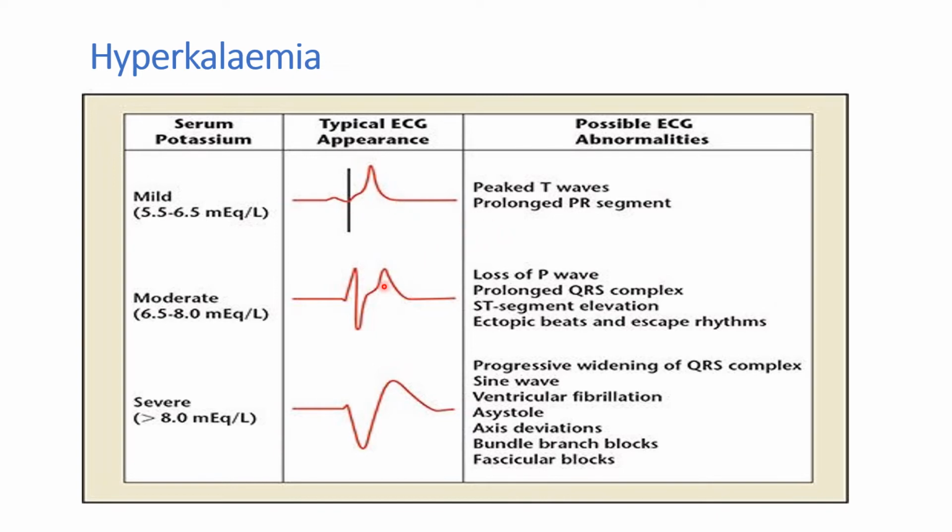When serum potassium level is between 6.5 to 8 milliequivalent per liter, P wave can be lost, QRS complex can be prolonged, ST segment can be elevated, and finally ectopic beats and even escape rhythm can be noticed. If it is more than 8 milliequivalent per liter, you can see progressive widening of the QRS complex leading to sine wave, and if not immediately treated, it can develop ventricular fibrillation and can go into cardiac arrest.